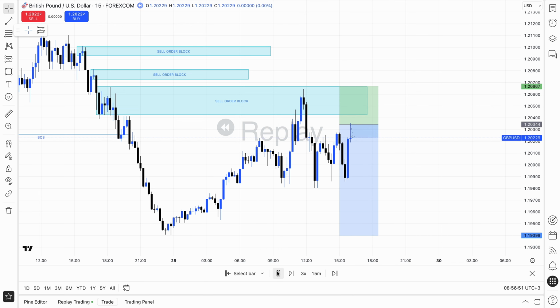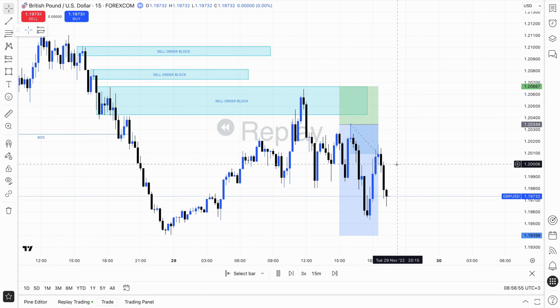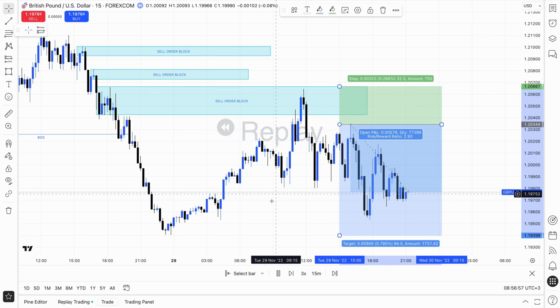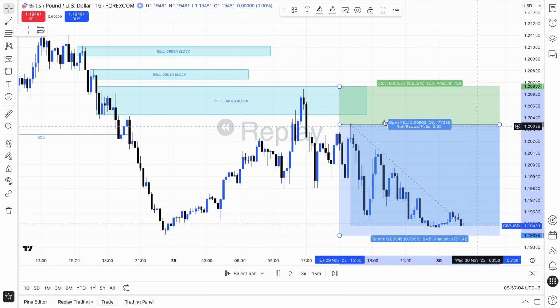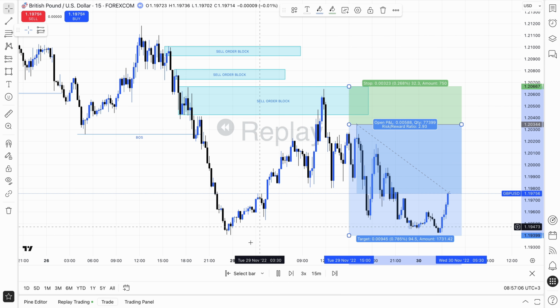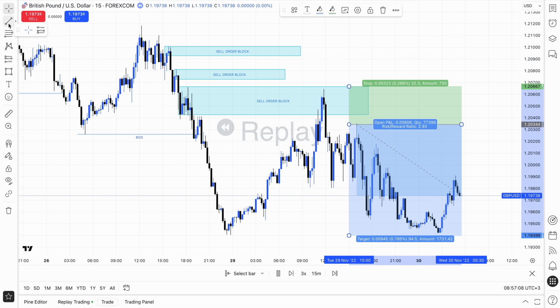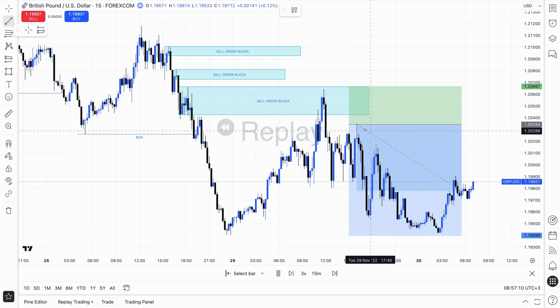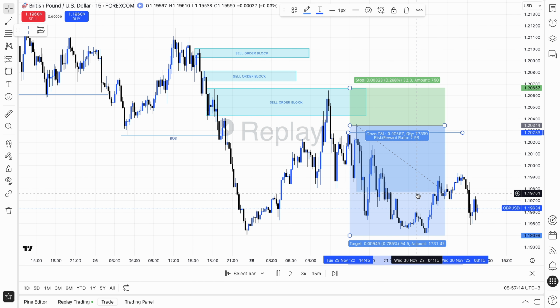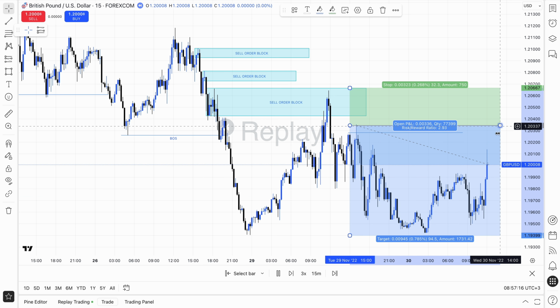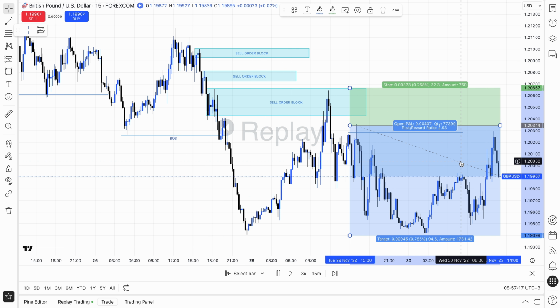We target the next swing low, tagged in, and the trade. You see, now at this moment you move your stop loss to break even, right? At this moment you take out around 75% profits, then you leave the rest of the profits running, because you can see it can easily come back.